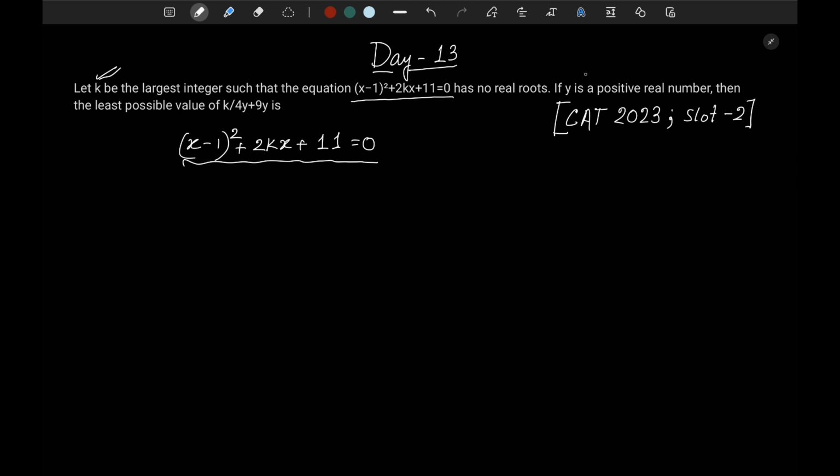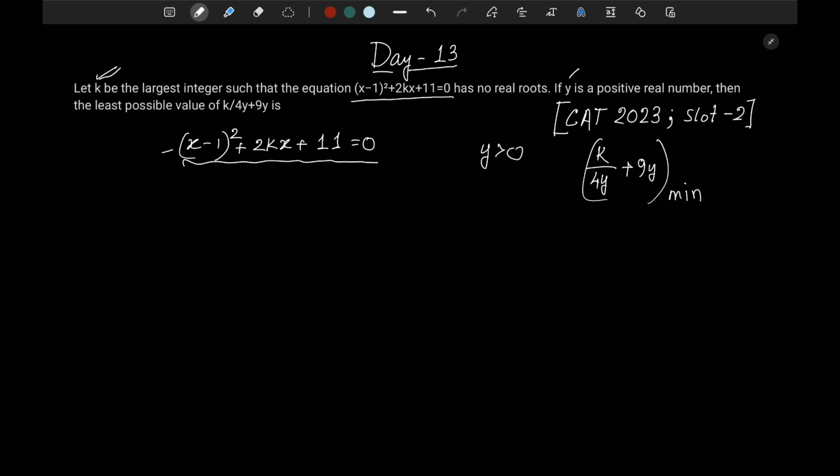Then, if y is a positive real number, that means y is greater than 0, they have finally asked us to find the minimum possible value of k by 4y plus 9y. We have to find the minimum value of this.